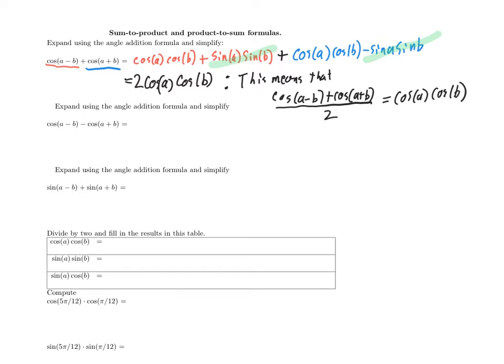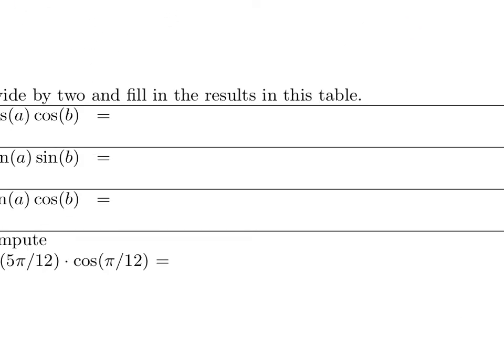So there's the first of the product to sum formulas. The cosine of a times the cosine of b is the exact same thing as cosine of a minus b plus cosine of a plus b all over 2.